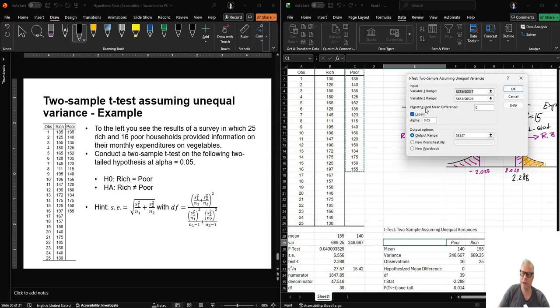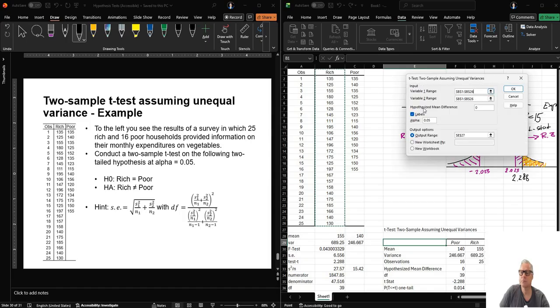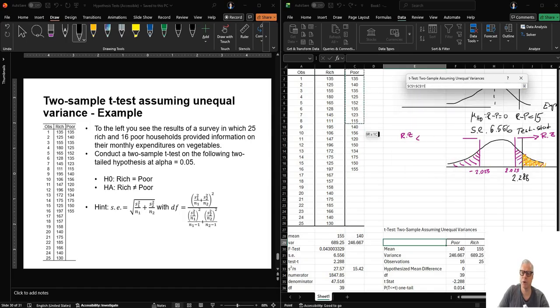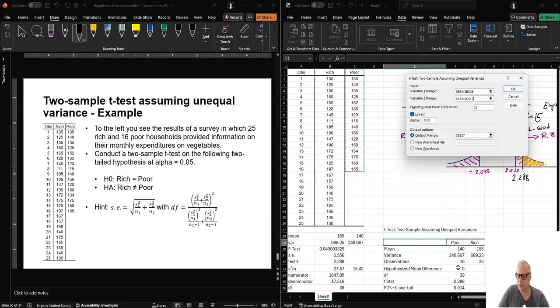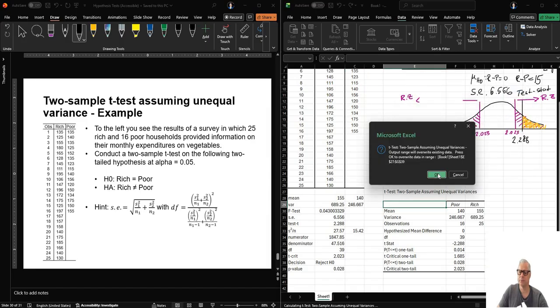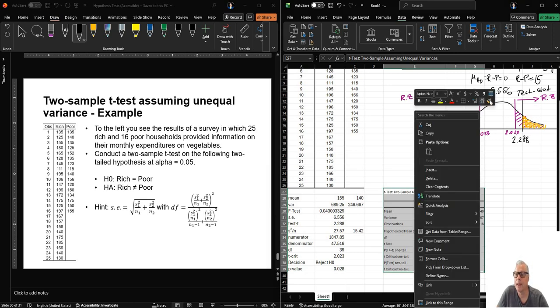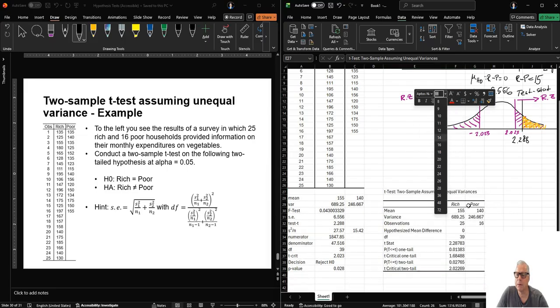If I flip that, so the first range is the rich and the second range is now the poor, which I actually wanted to do, then the t-statistic will flip to 2.288. So I override it, and you see it just overrode it. Okay, let's make it a little bit bigger.